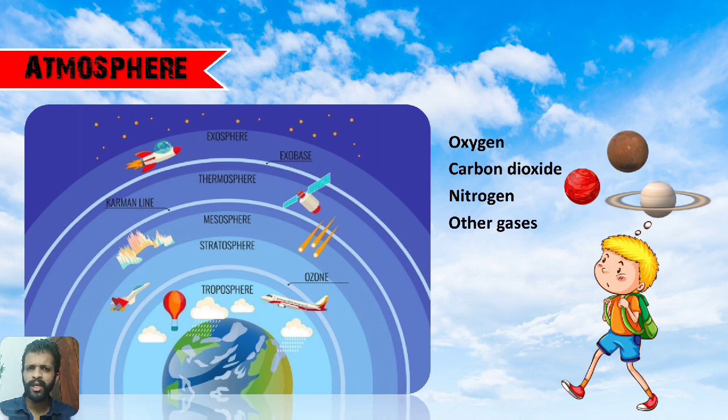Third, a very important question, and you should probably have an answer to this: why is atmosphere present around the earth, but some heavenly bodies don't have an atmosphere? For example, the moon. The earth has an atmosphere, but the moon doesn't. Why is it? The answer to this question we are going to check in the next video.